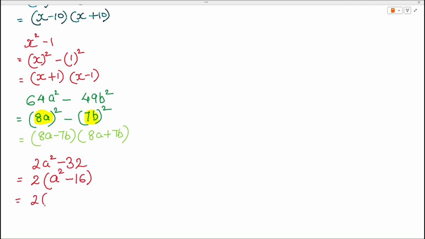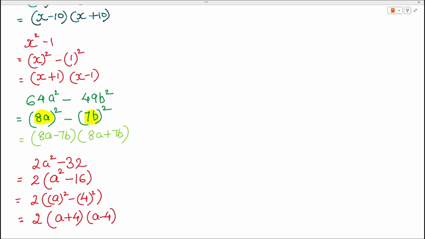Now, this is a difference of squares, which we can apply. So this can be written as a square minus 4 square. We have 2, which is a common factor, and this can be factored as a plus 4 times a minus 4.